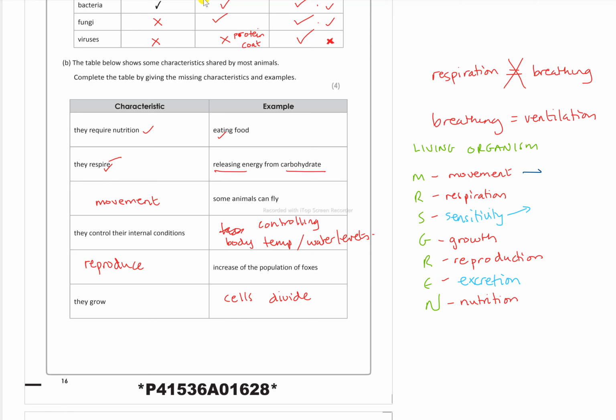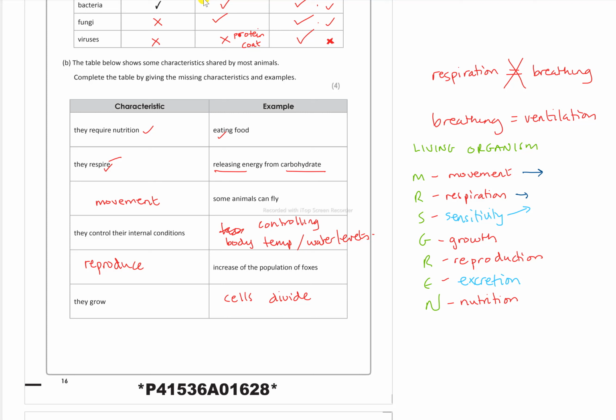Right, they can move and grow. Animals move, plants will grow to the side, or I don't know, how can you call it, movement? As they grow upwards, I don't know. Respiration is where you release energy from, for example, carbs or molecules to help you survive.